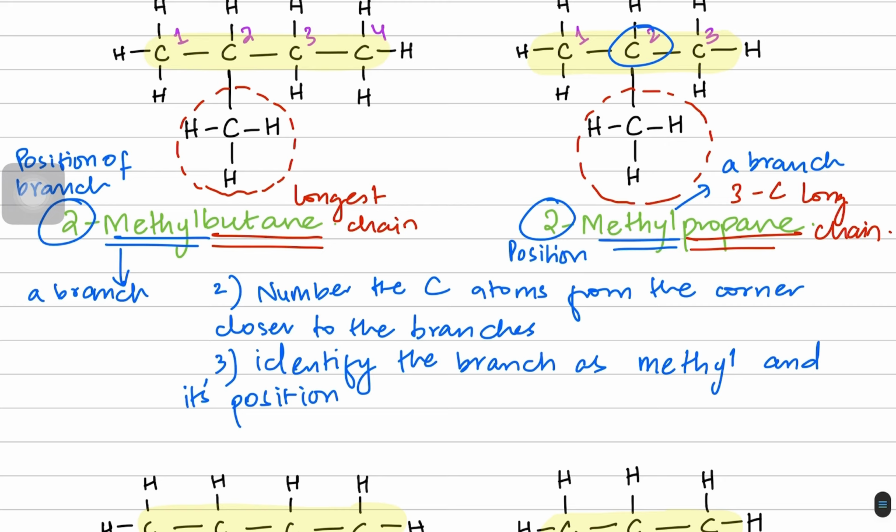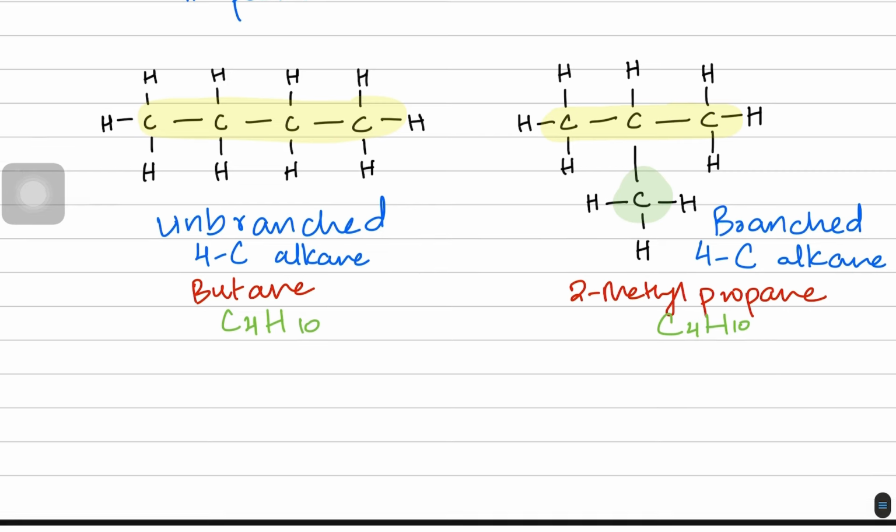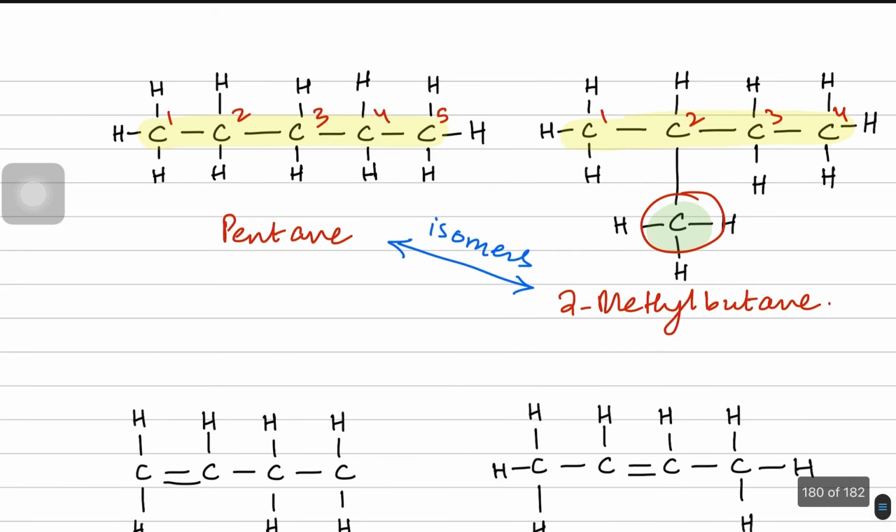And then we talked about how we call methyl propane or methyl butane based on the branch and whatever the longest chain is. Then we looked at how butane and 2-methyl propane are isomers of each other, and similarly pentane and methyl butane are isomers of each other.